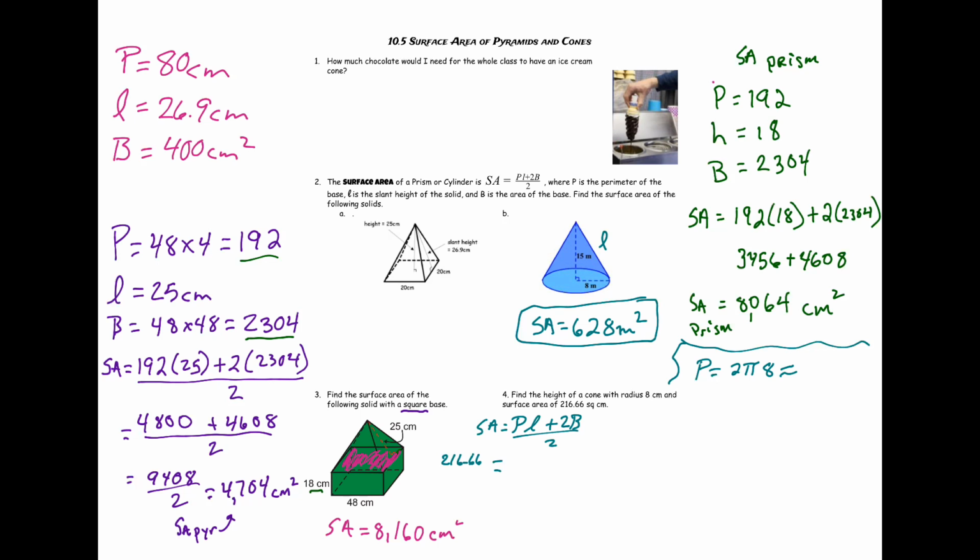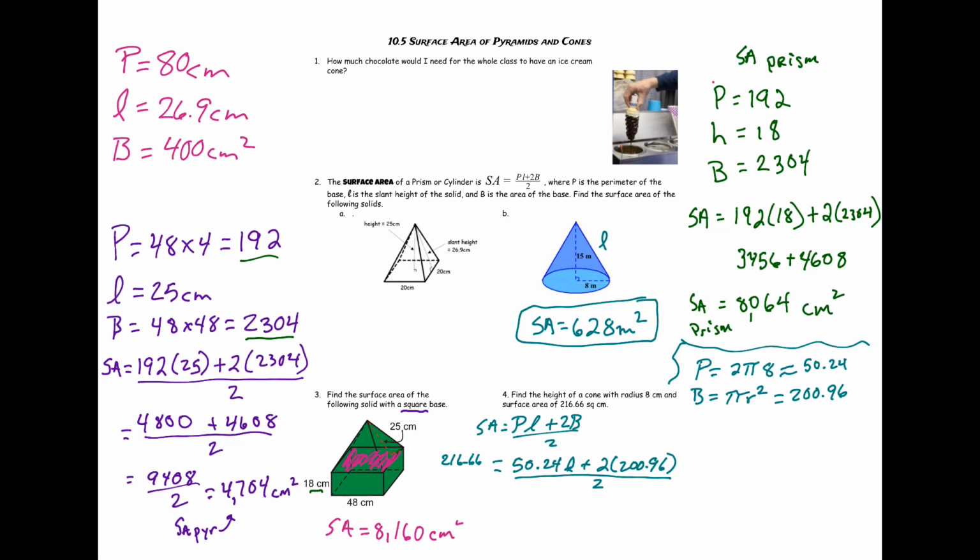So our perimeter will be 50.24, and then times our lateral height, that's what we're trying to look for, plus 2 times the area of our base. Area of the base is just pi r squared. So 64 times pi is all you have to do and plug into the calculator for 200.96. Divided by 2.